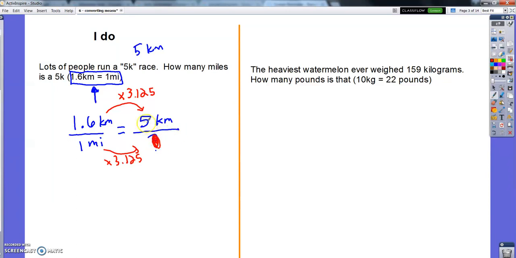So I know that since this is the ratio, every time I run 1 mile, I run 1 6/10 of these. That means in that same ratio, if I run 5 of these, I run 3 125 thousandths of a mile.